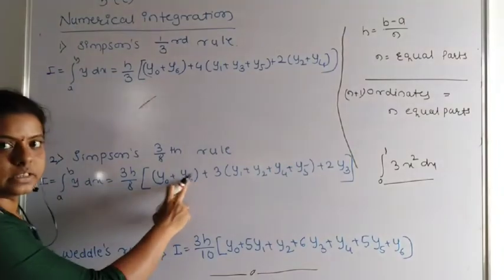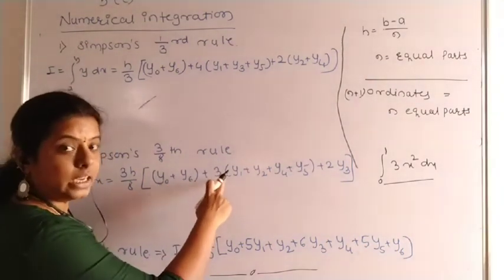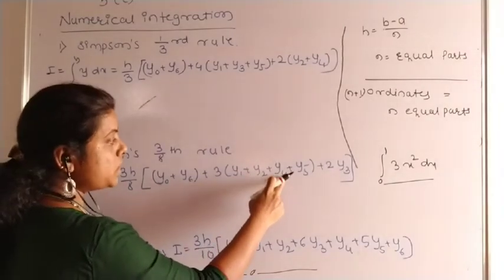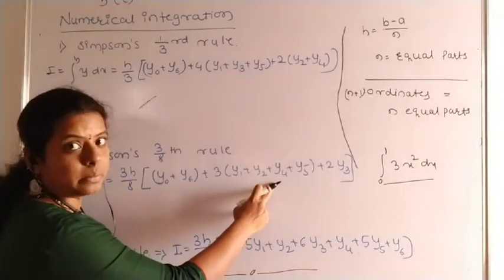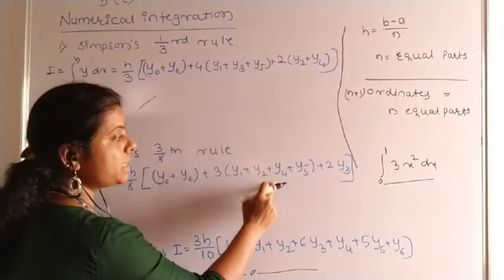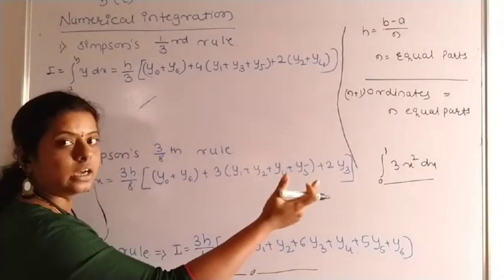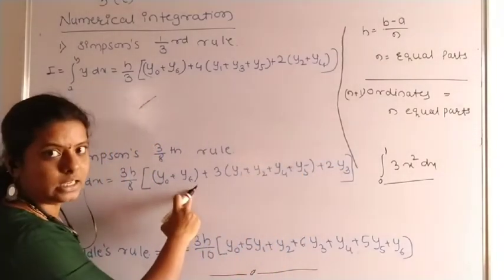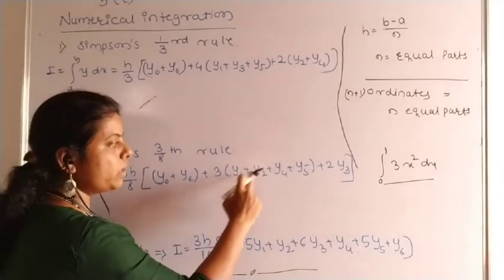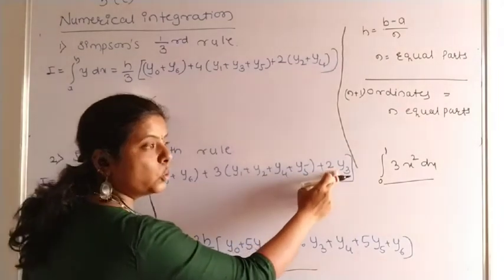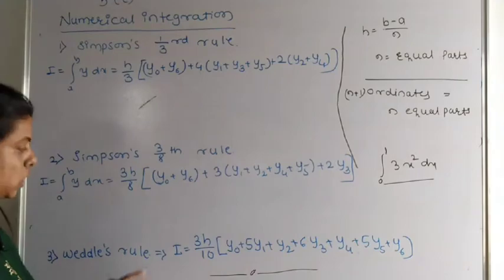The formula is 3h by 8 into [y0 plus y6, first value plus last value, plus 3 into (y1 plus y2 plus y4 plus y5) plus 2 into y3]. Here y3 is a multiple of 3 term, so it is written separately with 2. The next multiple, y6, is already written here. That you have to remember: 3 into y1, y2, y4, y5, and 2 into y3. This is Simpson's 3/8 rule.